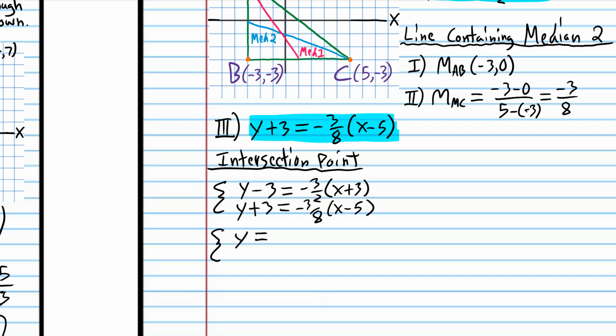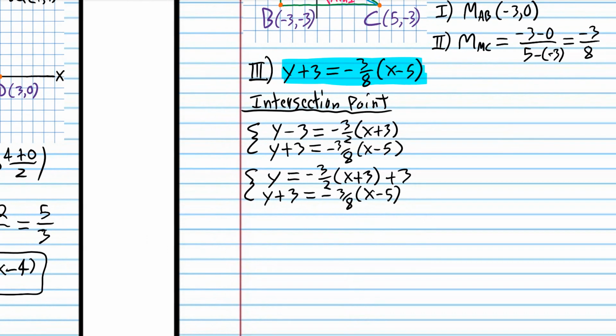So as usual, in the top equation, I'm going to isolate y, and then just rewrite the bottom equation. And then I'm going to rewrite the equation where y is not isolated, but instead of y, I'm going to plug in what y equals.